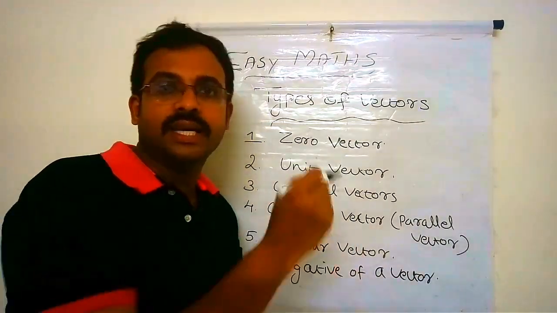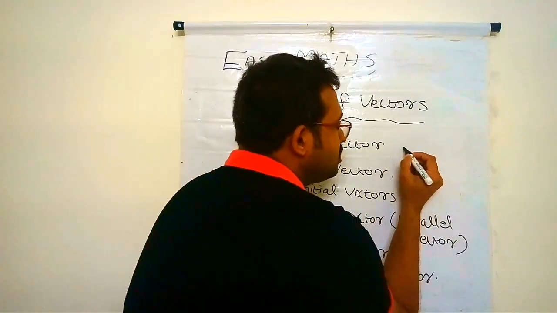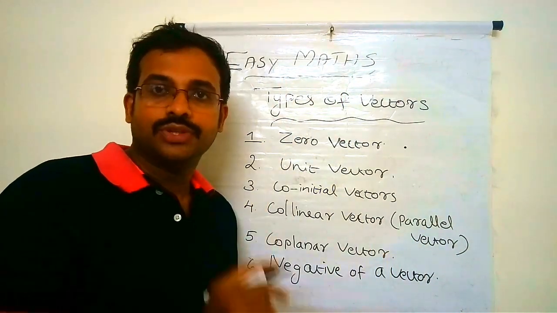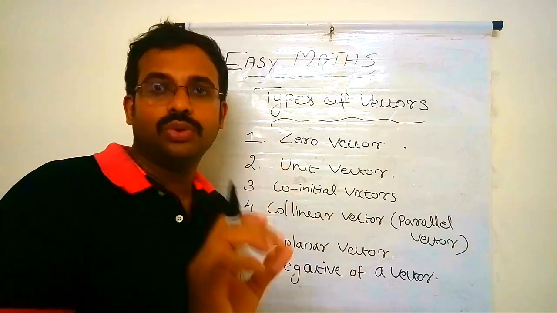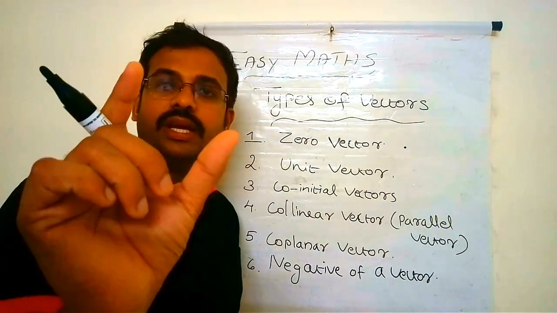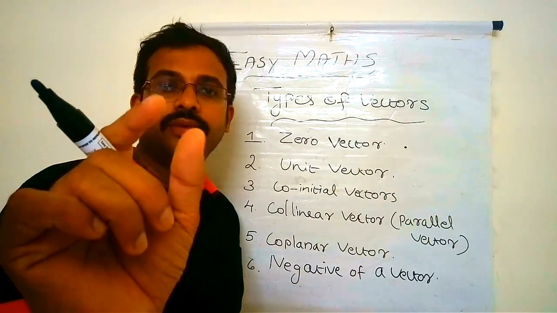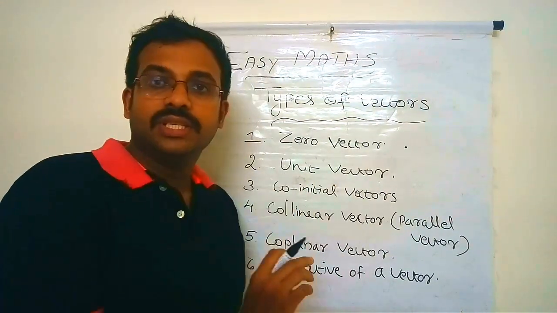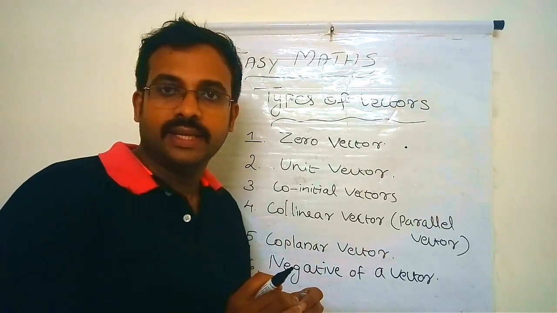Then we call it a zero vector, and it will be a point. Magnitude means length, so no length means the initial and terminal points coincide. It's only a point.